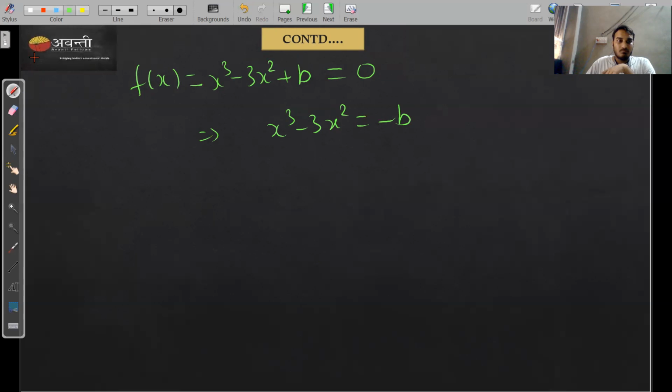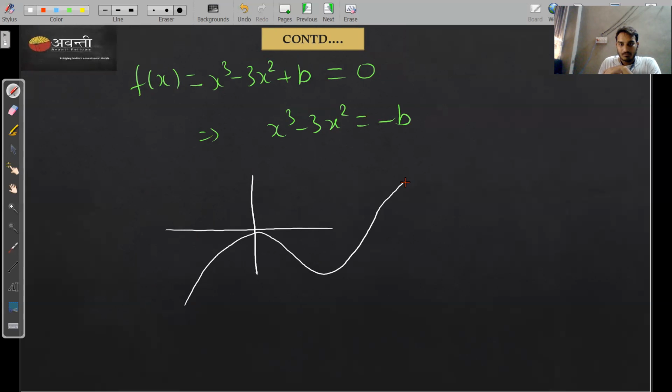Okay, so now see what I'm doing is I'm plotting the graph of x cube minus 3x square. Okay, what graph am I plotting? X cube minus 3x square. So when you plot the graph of x cube minus 3x square, you will get something like this.